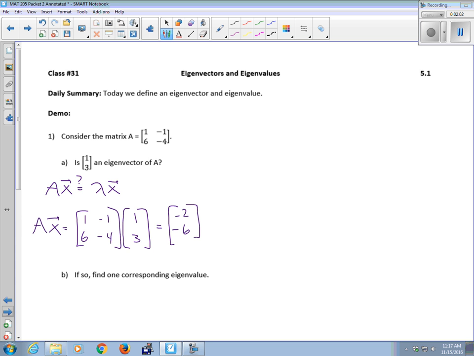Is (-2, -6) a constant multiple of (1, 3)? Yes, it is -2 times your original vector. That is the definition of being an eigenvector: when you multiply your matrix times the vector, you get a scalar multiple of the vector back.